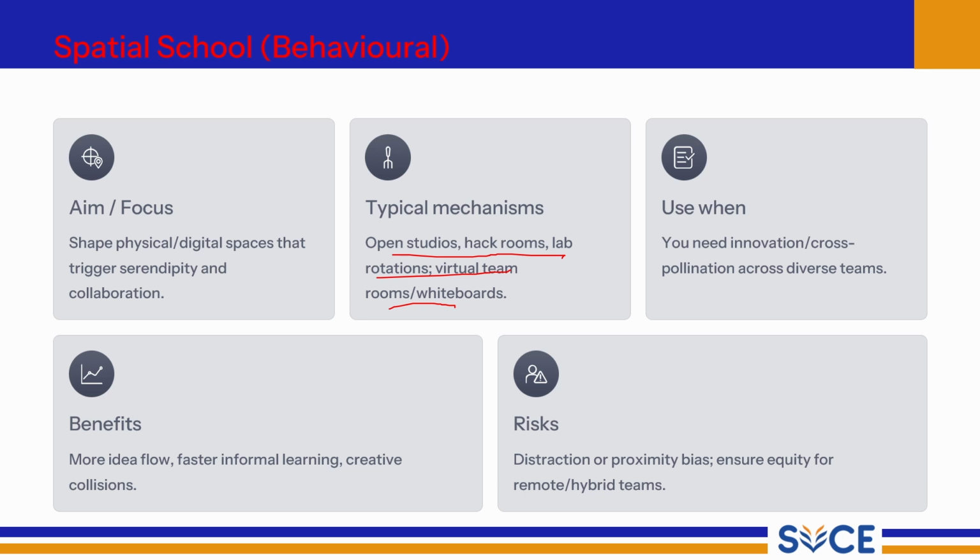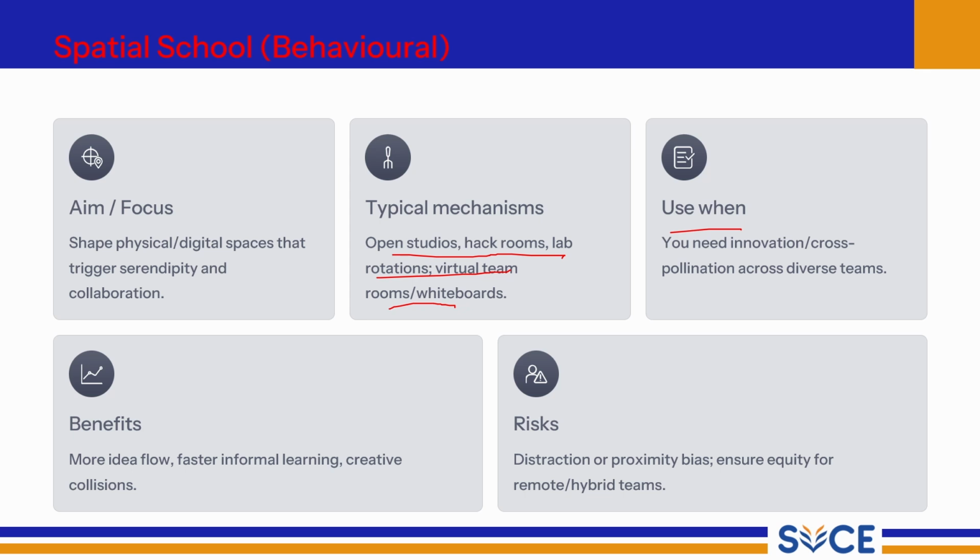When are we going to use this? When you need innovation and cross pollination across diverse teams. This is best in innovation-driven contexts where teams from different disciplines need to collide and share ideas, like R&D labs, design thinking workshops, or agile project teams, when innovation needs solutions.